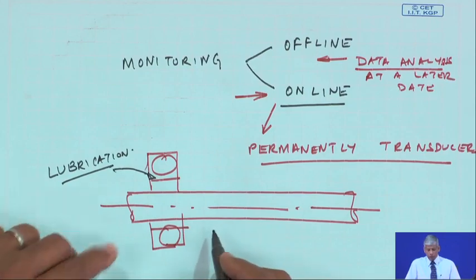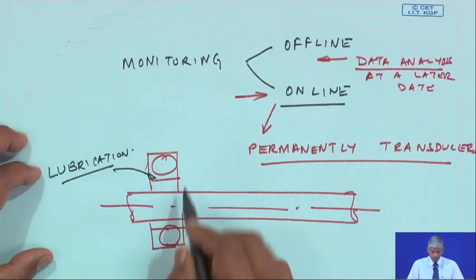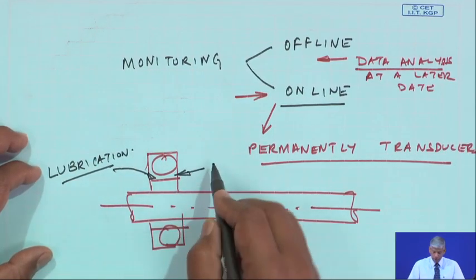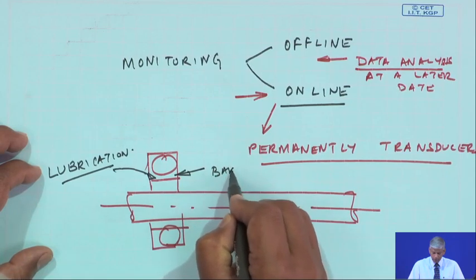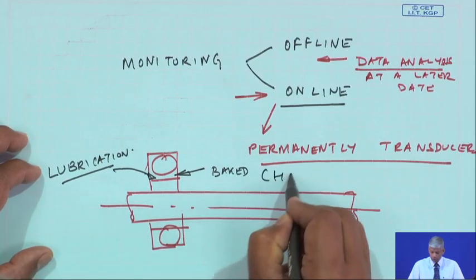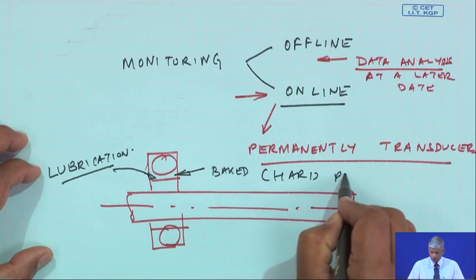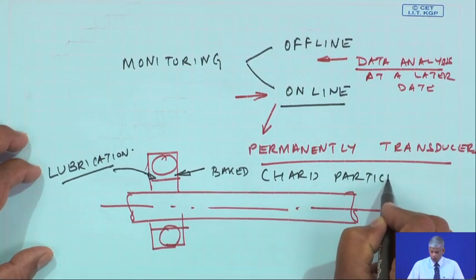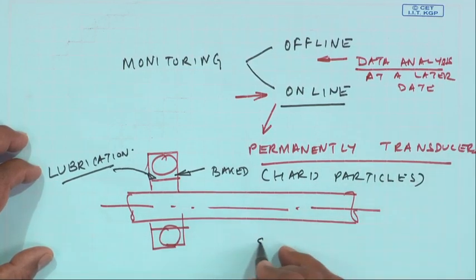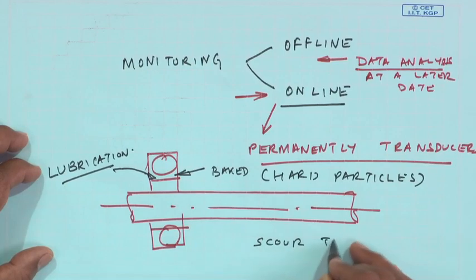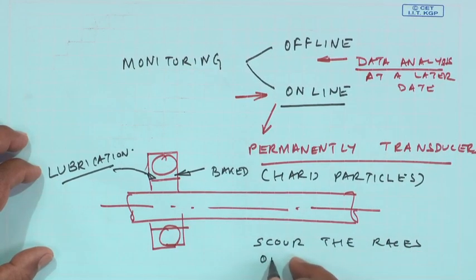If the bearing temperature increases because of friction, this lubrication may get baked and form hard particles which will score the races of the bearings and eventually damage the bearing.